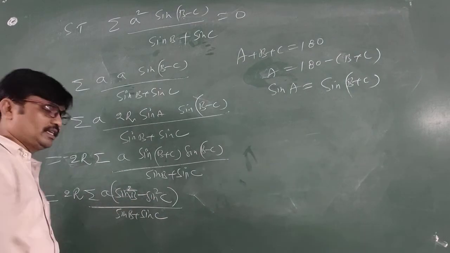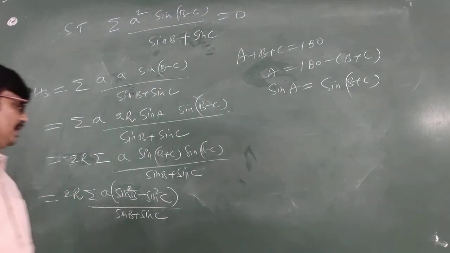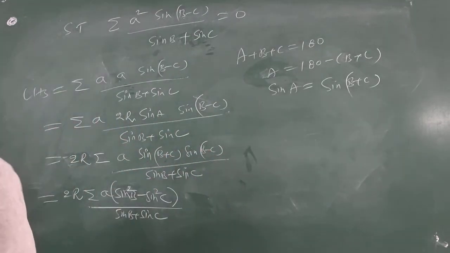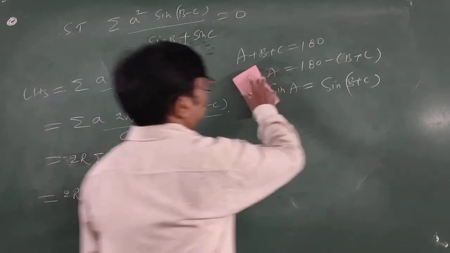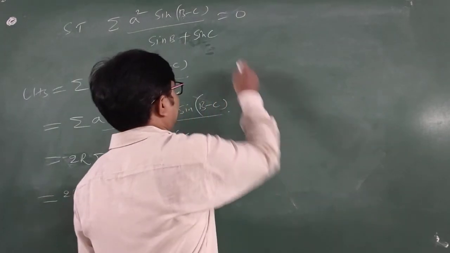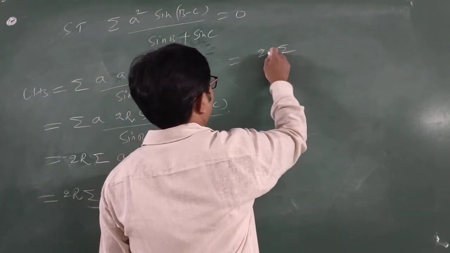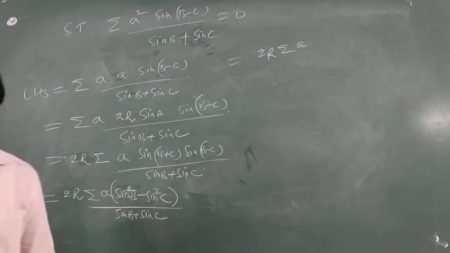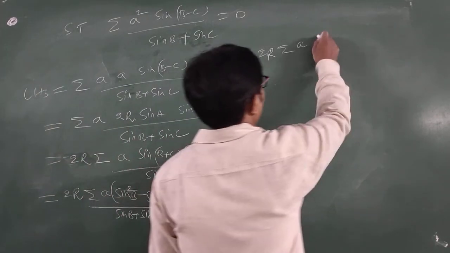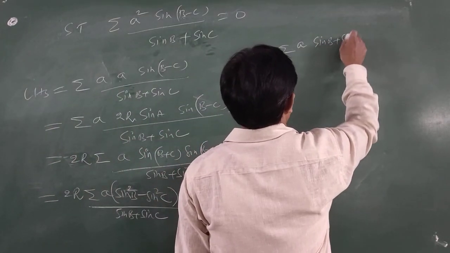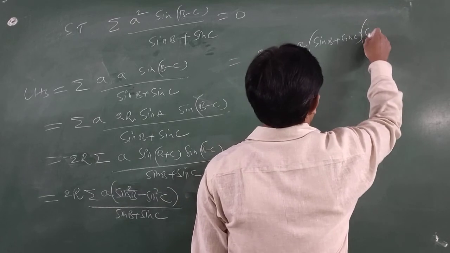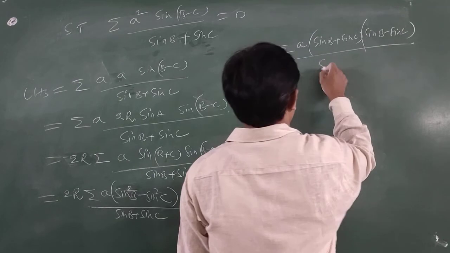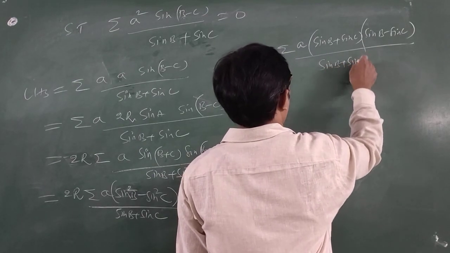So we can write this as 2R sigma small a into x plus y, that is sin B plus sin C, into x minus y, that is sin B minus sin C, upon sin B plus sin C.